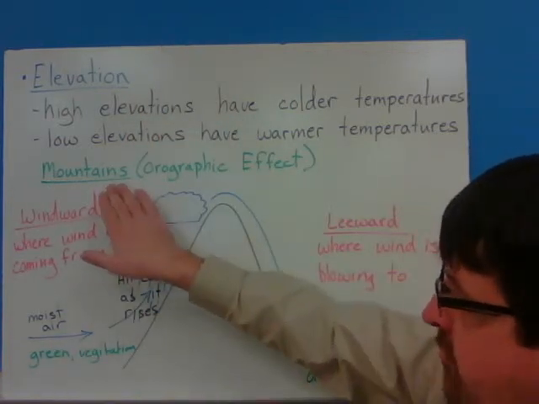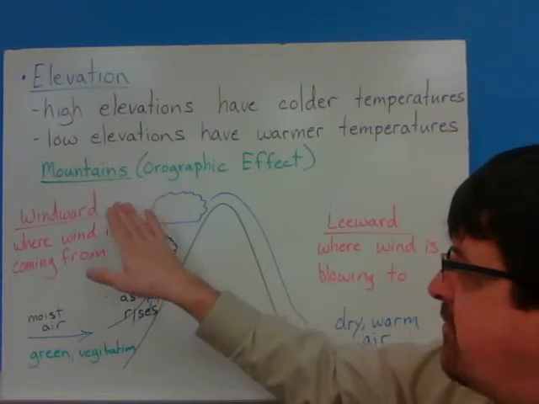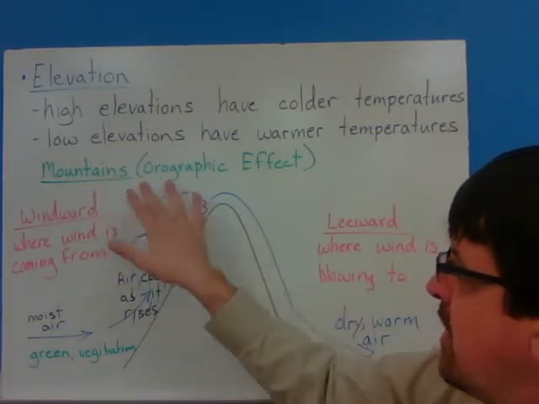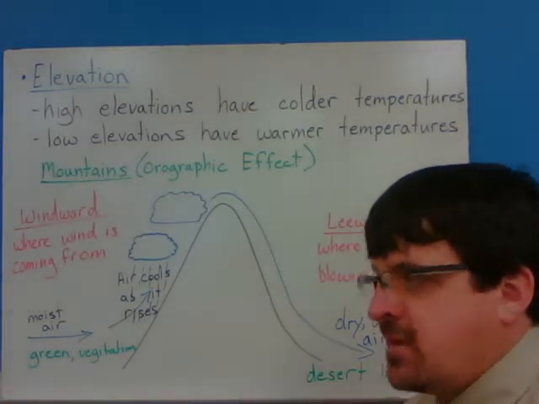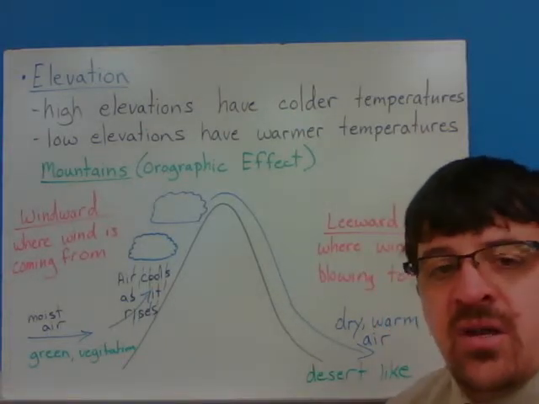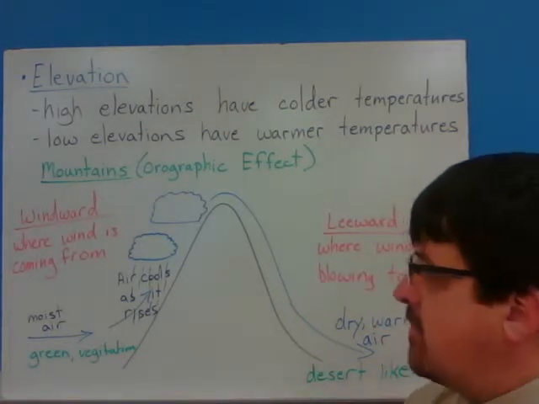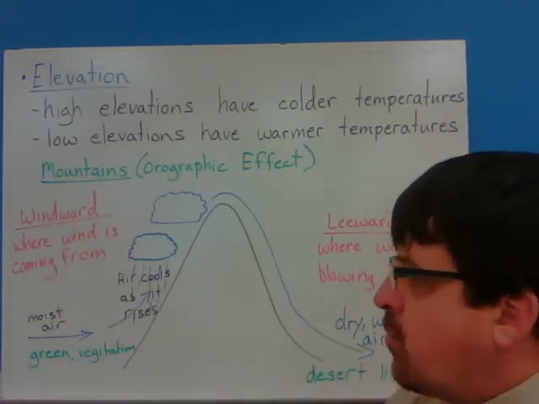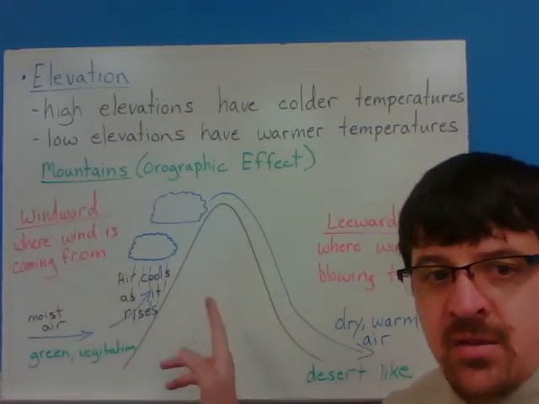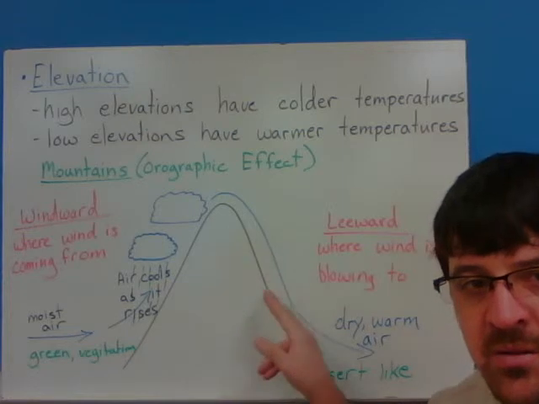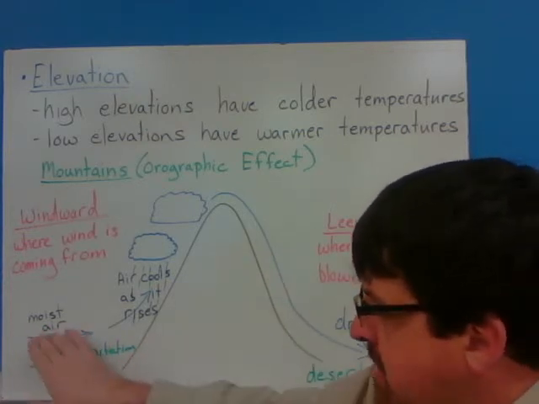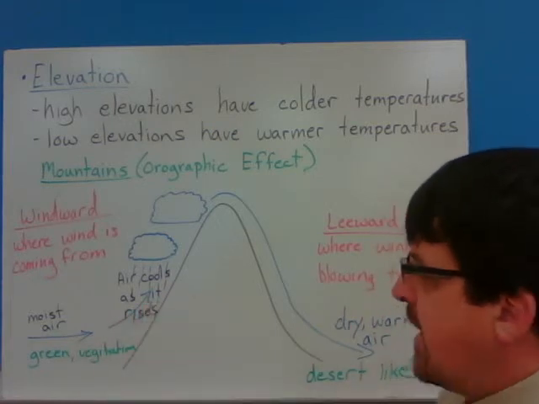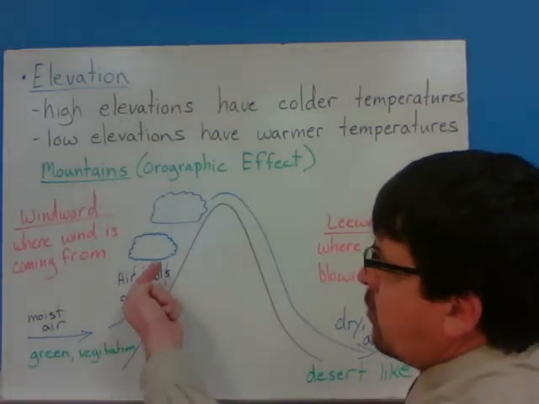Now, it affects not only your temperatures, but it also affects the amount of moisture that you get. Mountains have what we call the orographic effect. One side of the mountain is wet, one side of it is dry. And the windward, the side that the wind is coming from, okay, so if this is the mountain right here, and this is where the wind is coming from, if you have some moist air that comes to the mountain, as it rises up, it cools down.